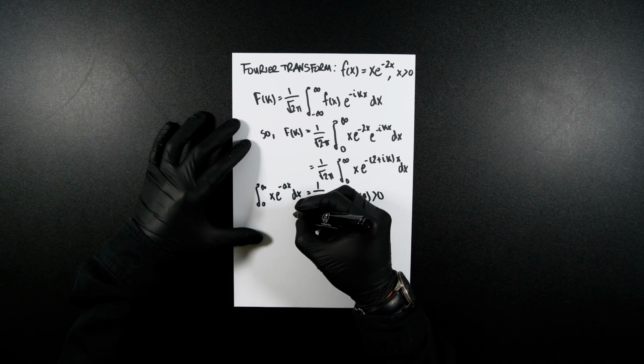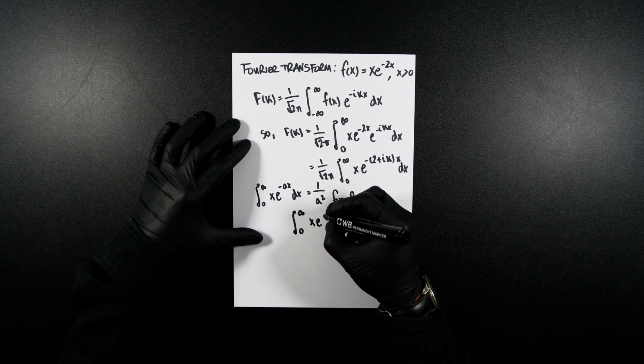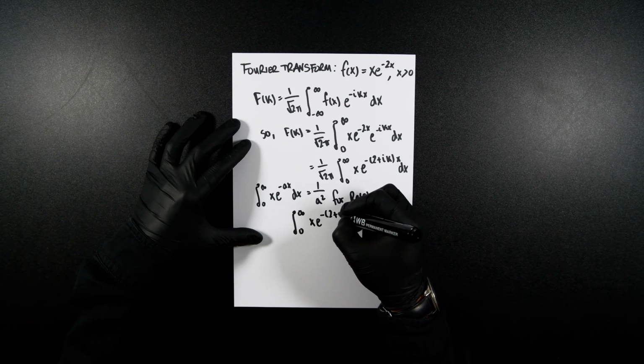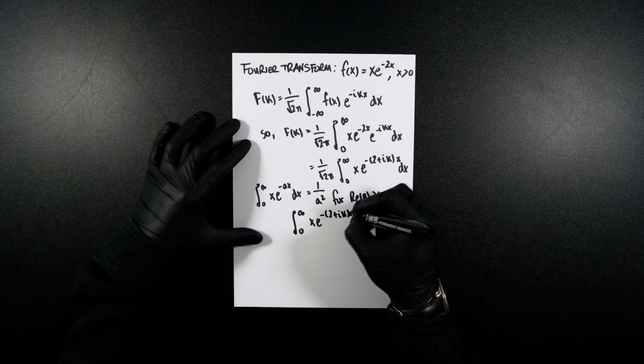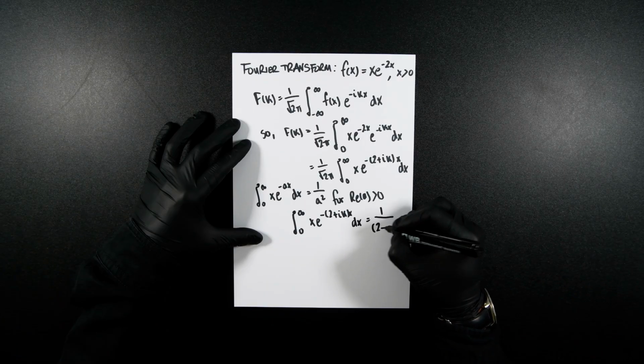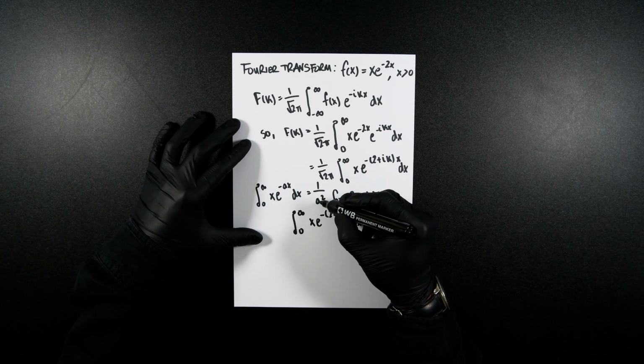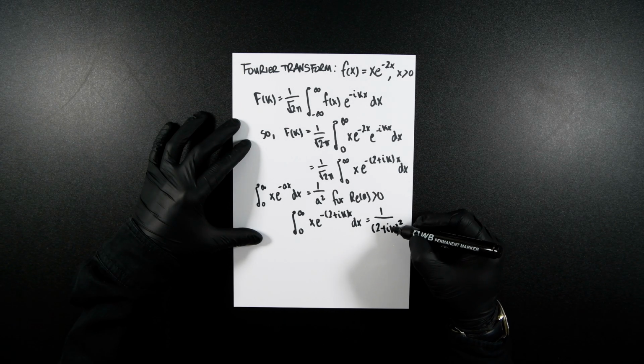So the integral from 0 to infinity of x e to the minus (2 plus ik)x dx would be 1 over (2 plus ik) squared, because that's what a is, so we've just plugged this in here.